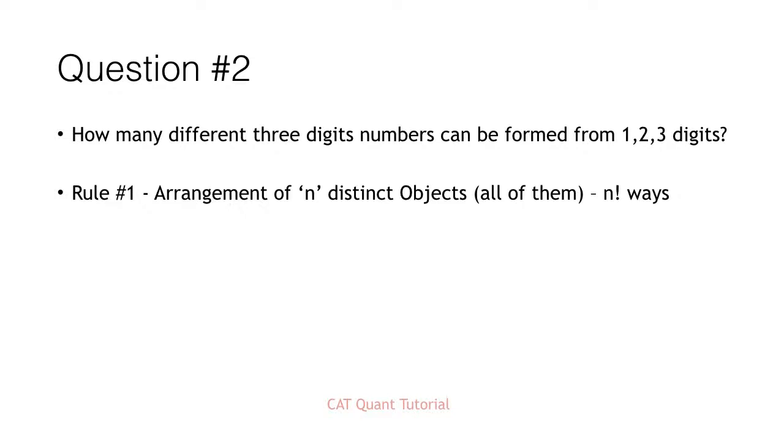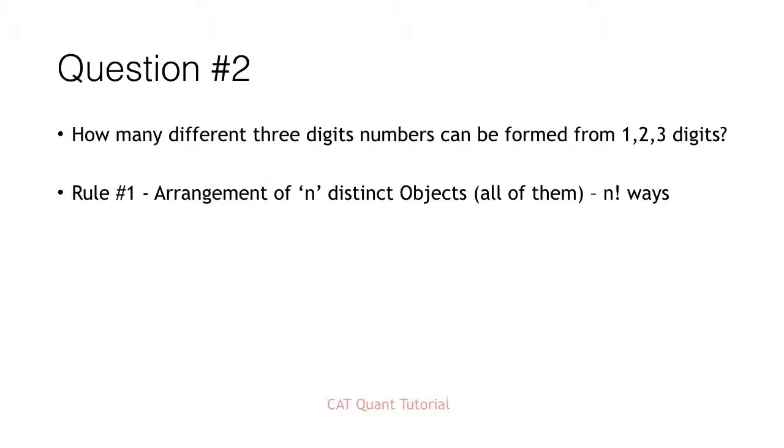I would use rule number 1. I need to arrange n distinct objects, all of them, into that many places. The places here are 3 only. I need to create a 3-digit number using 3 different digits. So n and r are matching here.